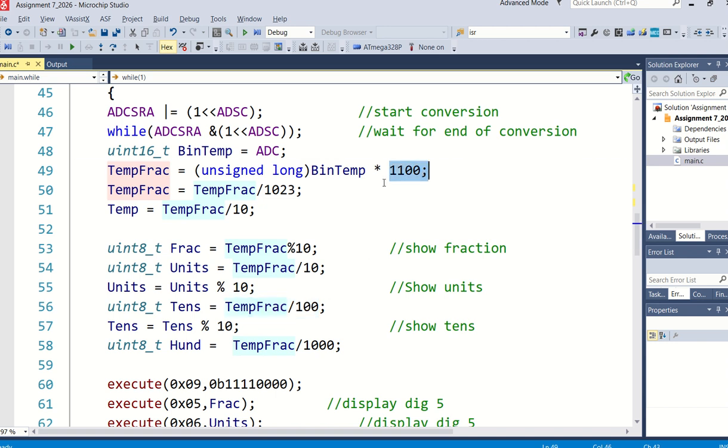If I divide it by 100, I sit with 11, and if I take the modulus again, it will store that 1 in tens. For hundreds, if I divide temp frac by 1000, I'll sit with a 1.